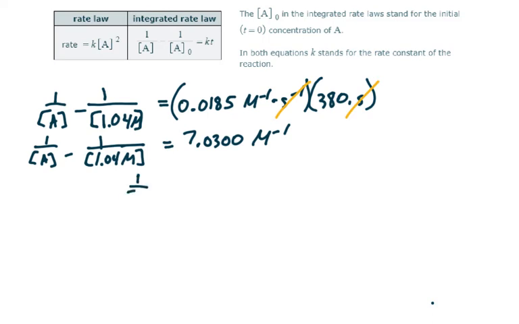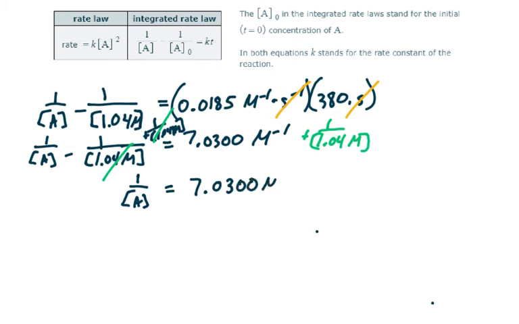So we end up with 1 over A is equal to, so if I add 1 over 1.04 molar over here, it cancels out, and I'm going to add it over here. So I'll bring it here, 7.0300 plus 1 over 1.04.